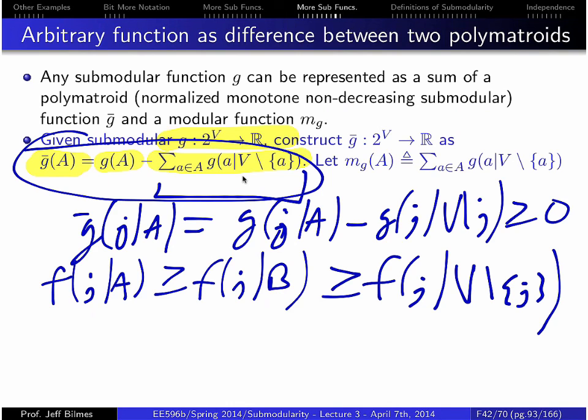And so what we've defined, g bar, is a monotone non-decreasing function. The reason it's monotone non-decreasing is because whenever the gains are non-negative, every time you add something, you can only increase the value. Remember, the gain is just the difference between adding a guy and not adding the guy. And since it's non-negative, that means it has to be a monotone non-decreasing function.